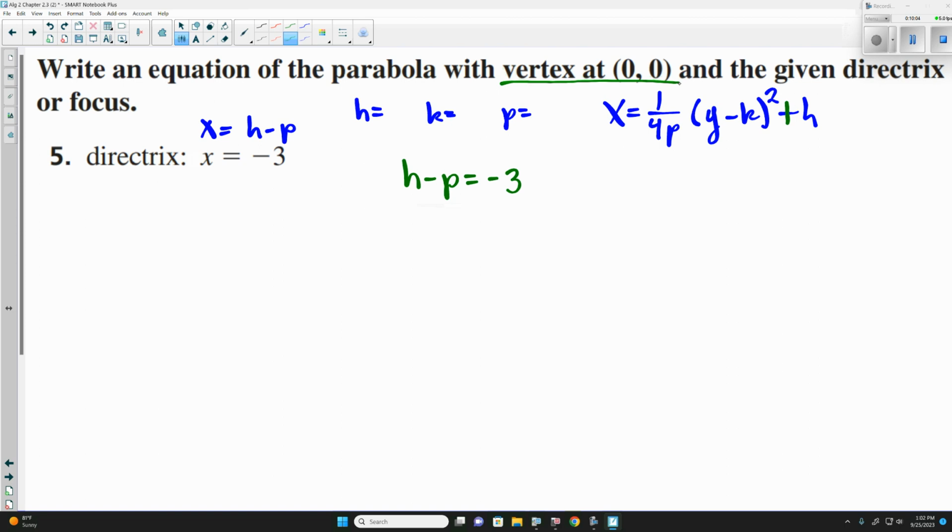It didn't say it next to the directrix, but it did say it in the instructions, so h and k are still 0. So if I plug it in, we'll say 0 minus p is negative 3, or negative p is negative 3. So p is 3.